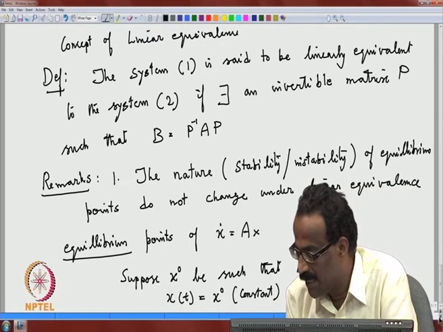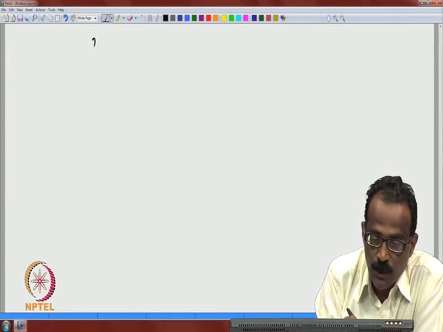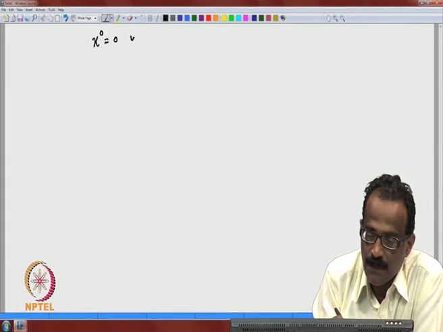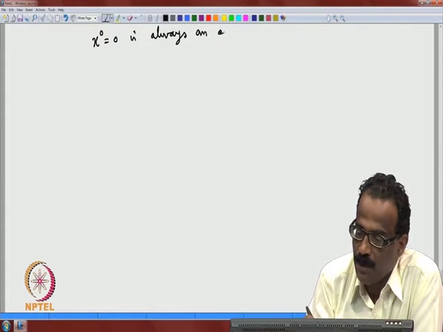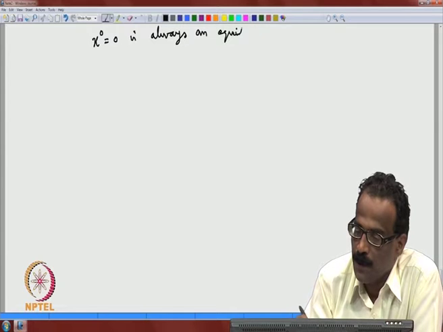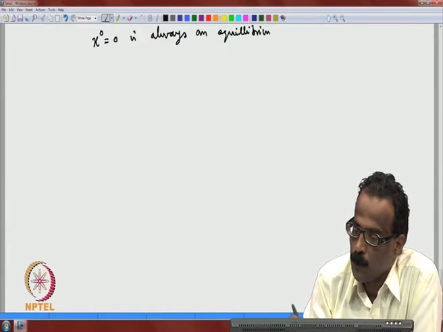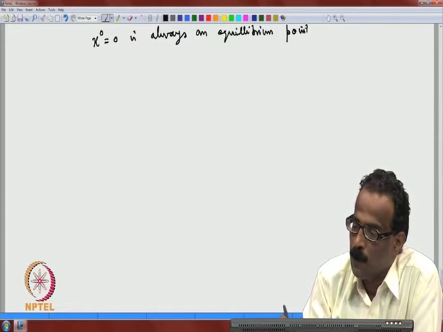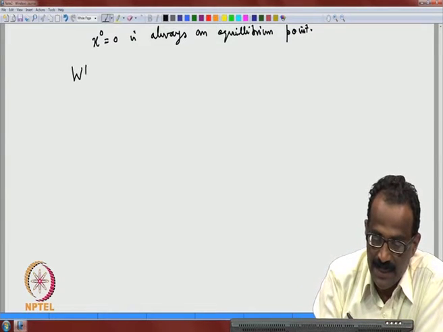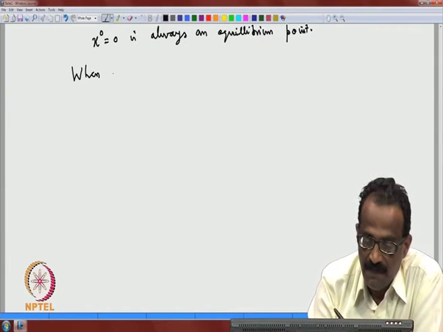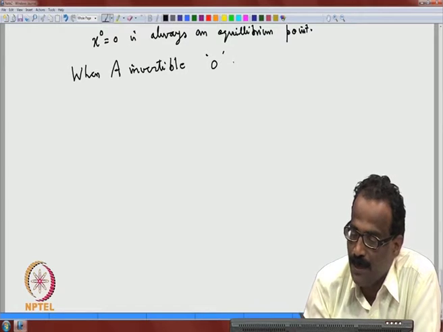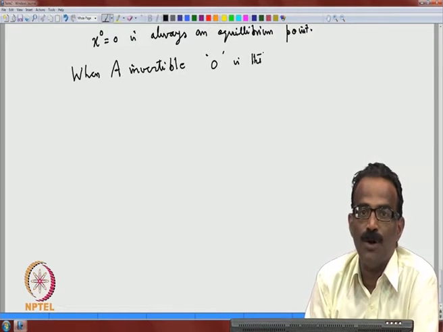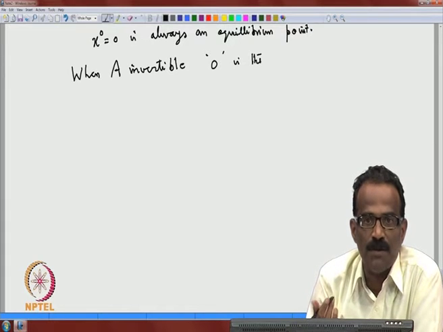So, that is why it is a steady state solution. For example, for a linear system, x naught equal to 0 is always an equilibrium point. And when A is invertible, which is the case we are going to consider, 0 is the only equilibrium point, because if Ax naught equals 0 and A is invertible, x naught will be 0.